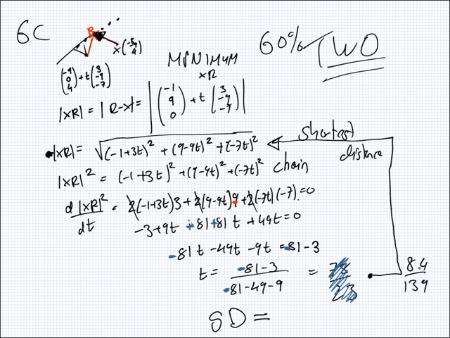Is that right now, Ben? Yes, this is minus 81 plus 81, so the 81t is minus. It's 84 over 139. Okay.